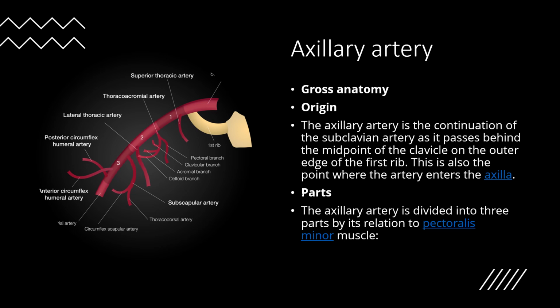Now, parts. The axillary artery is divided into three parts by its relation to the pectoralis minor muscle. This is important. Pectoralis minor muscle. Remember this.